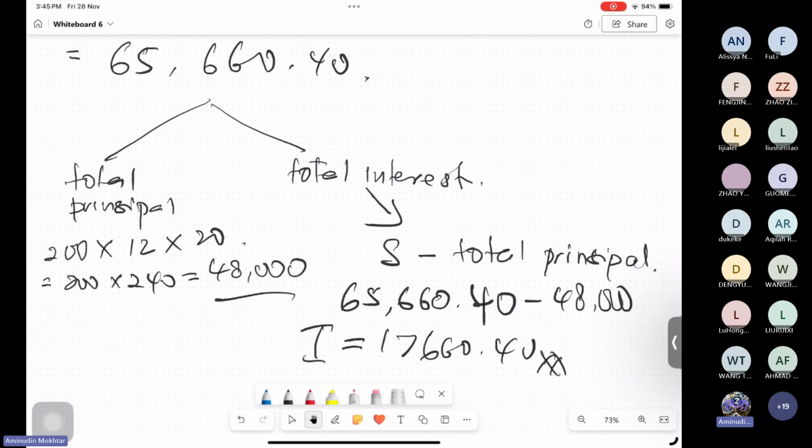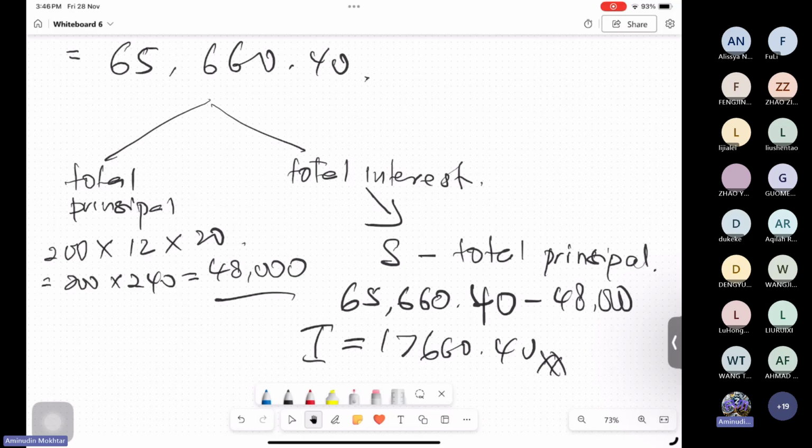The future value of money, 65,660 and 40 cents, can be divided into two elements: total principal and total interest. That's how to calculate the future value of money.